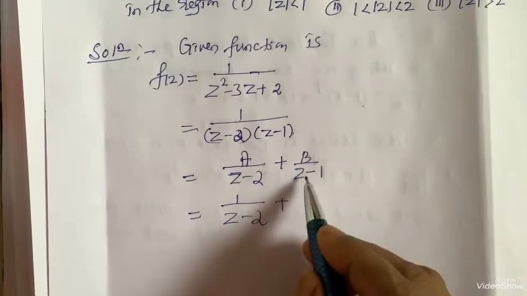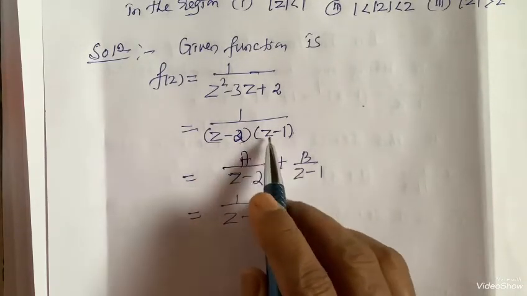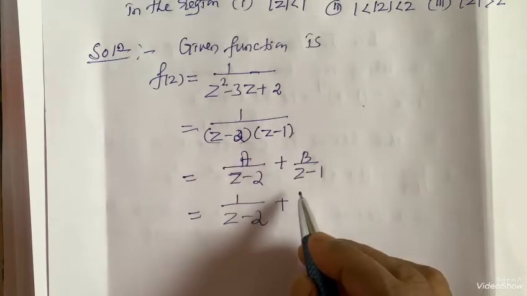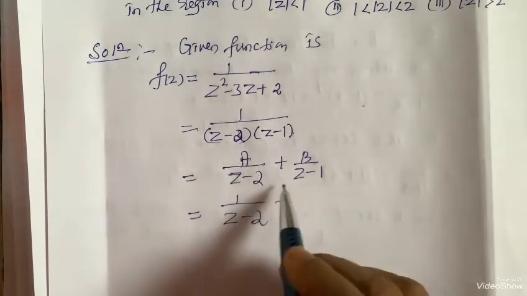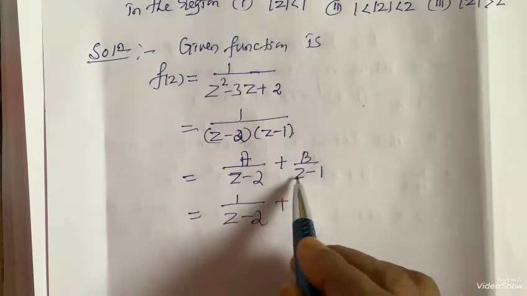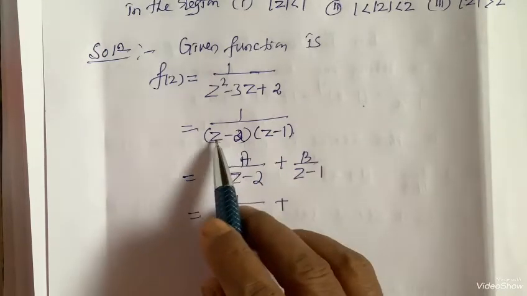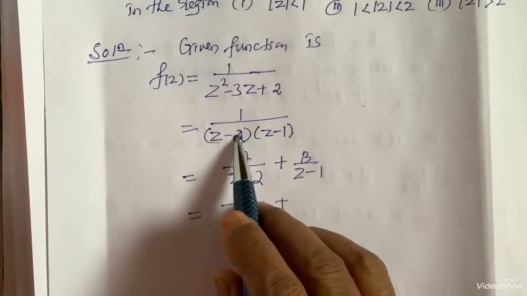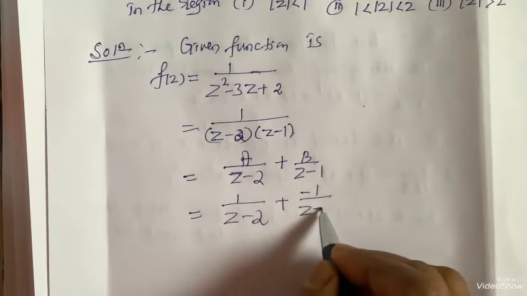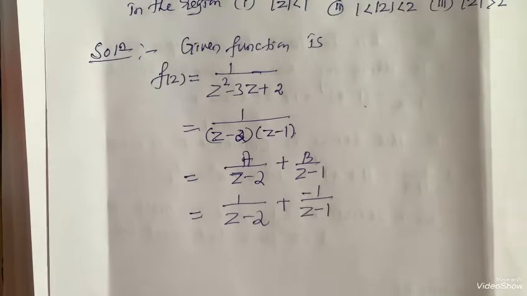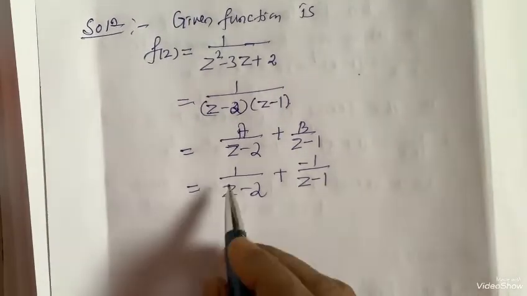Put z equal to 1 in the other: 1 minus 2, so b is minus 1 divided by z minus 1. I think all of you already know the procedure for getting partial fractions.